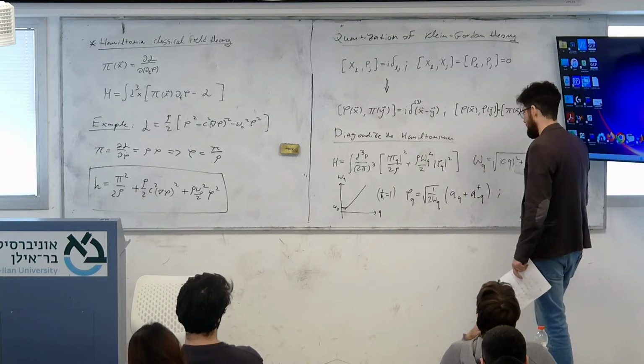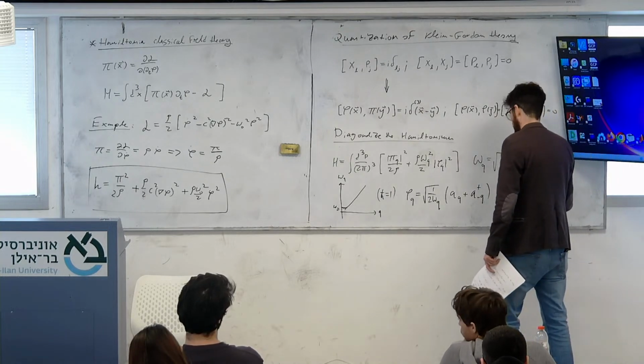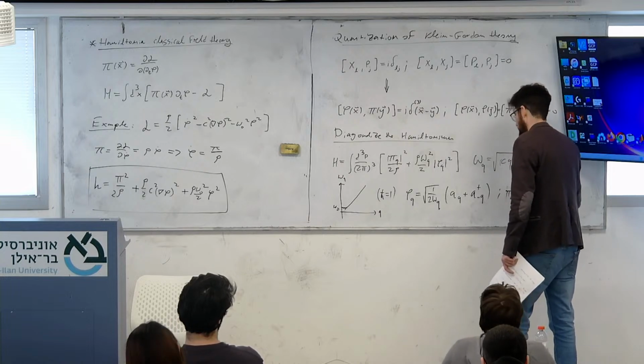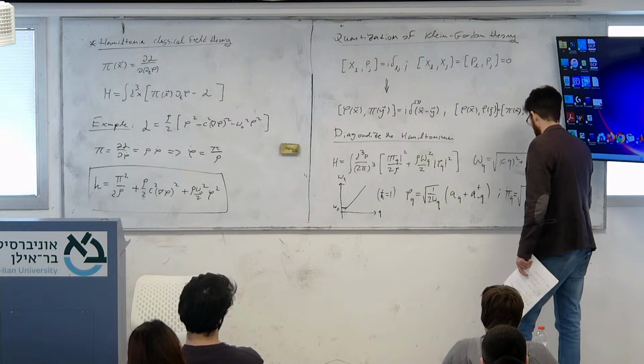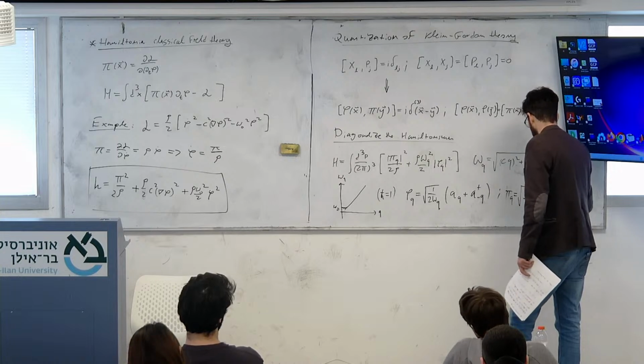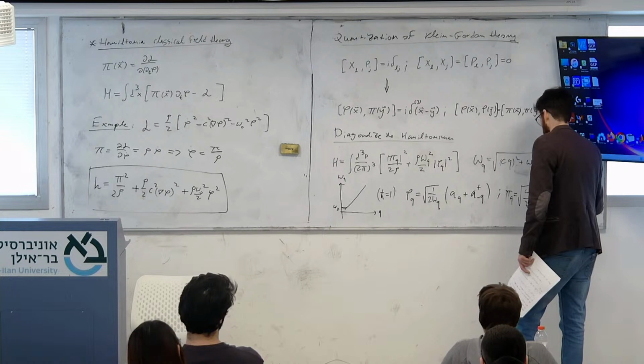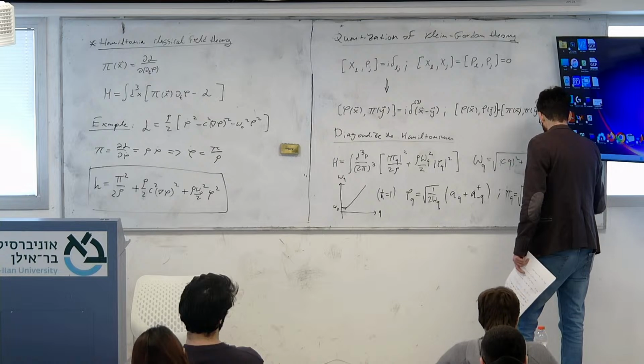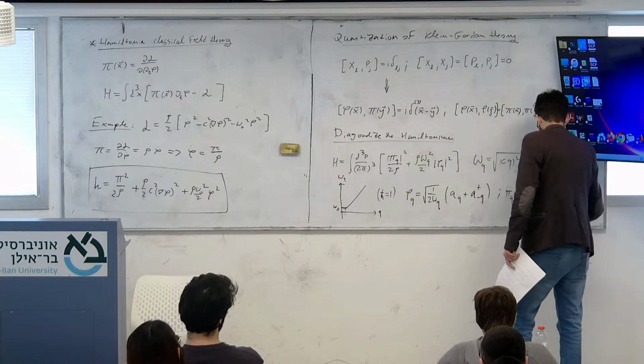And pi of q is equal to square root of omega_q divided by 2, something like a of q minus a dagger of minus q, divided by i.